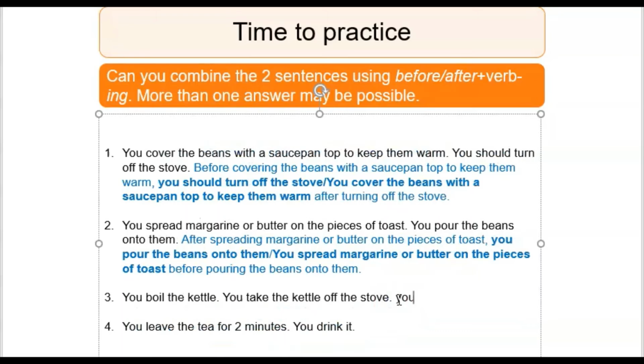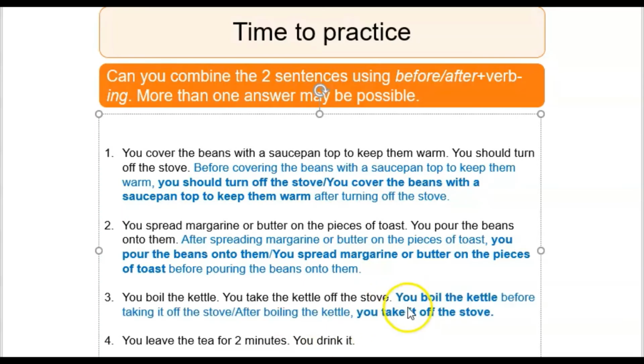Okay, number 3, you boil the kettle. You boil the kettle before taking it off the stove. So no comma, because we started with the clause, the main clause, and that is your emphasis. Okay, or after boiling the kettle, after plus verb ing, comma, and then the main clause, which is your emphasis. You take it off the stove.